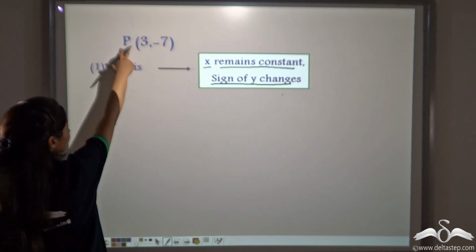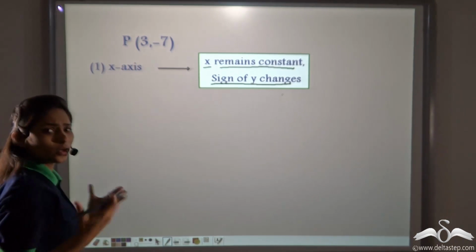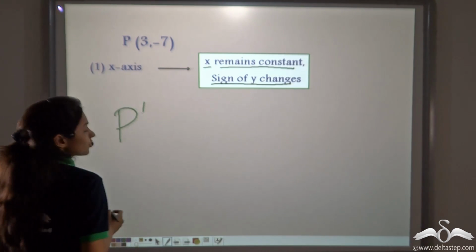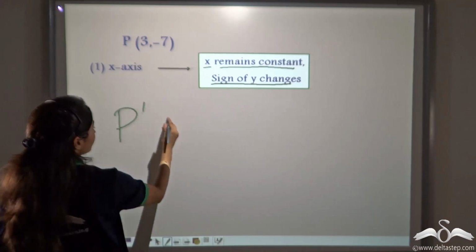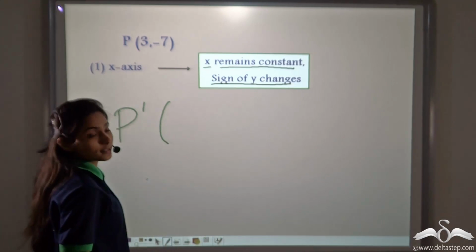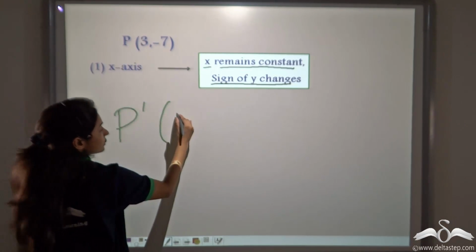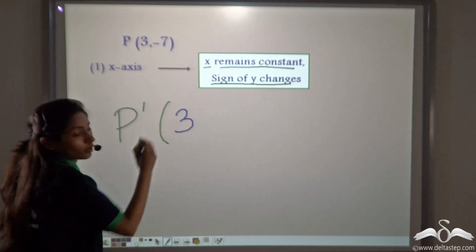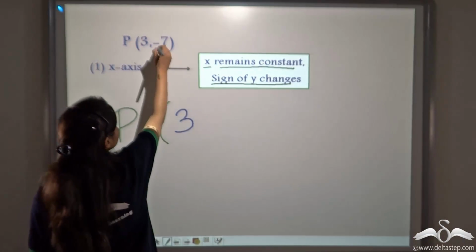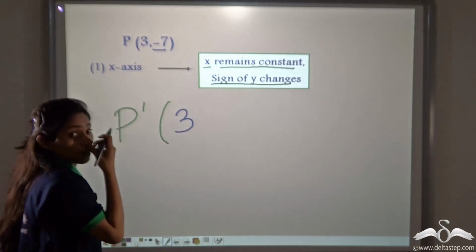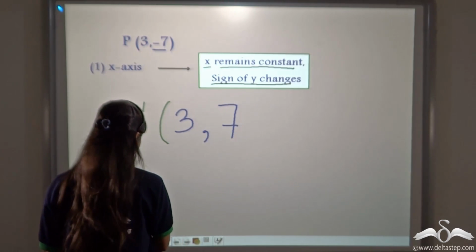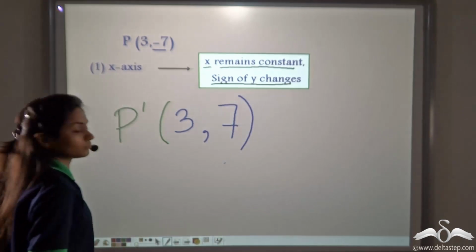So we'll do it without the graphs. We'll just write, say P dash is the reflection of this point. What will be the coordinates? The x coordinate will be the same. What about y? We have to change the sign of y. Here y is minus 7. So when we change it, we'll get 7. Right?